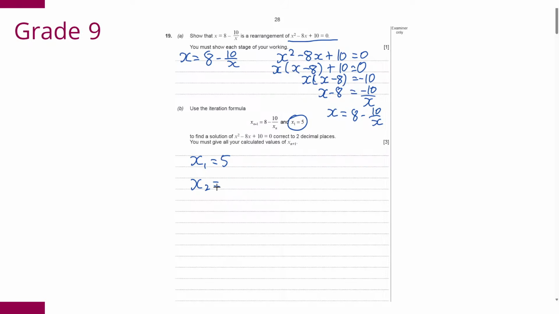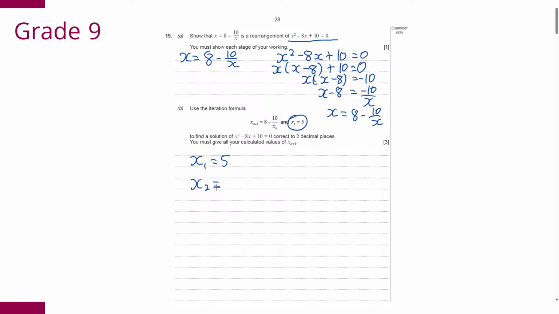Now, it is hilarious to me that in grade 9, which is what this is, I am telling you to get your calculator out and find out what 5 equals. But this is the iterative process. So type 5 equals. The reason we do that is to store the 5 as answer. It replaces it on the calculator.